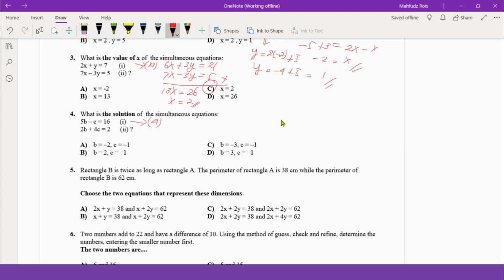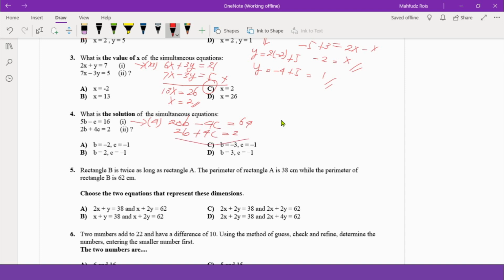We multiply by 4, so it will be 20b minus 4c equals 64. 16 times 4, okay? And this one is 2b plus 4c equals 2.